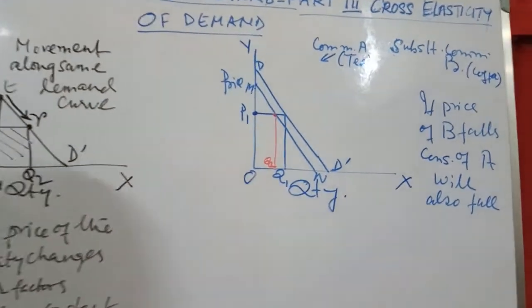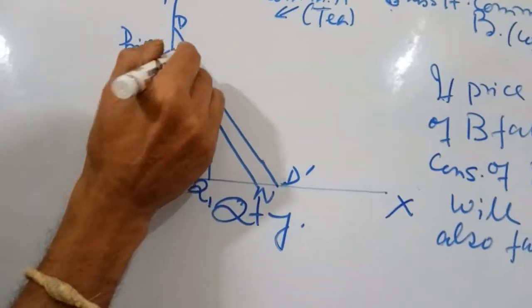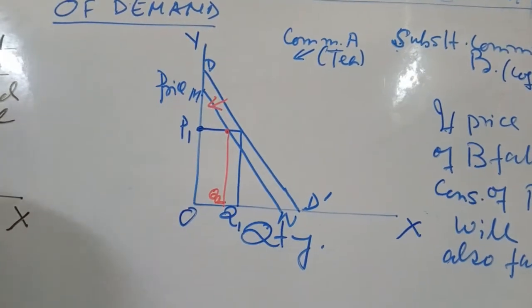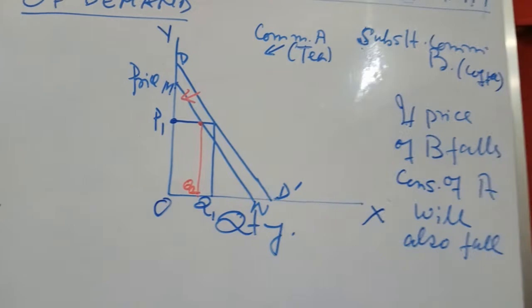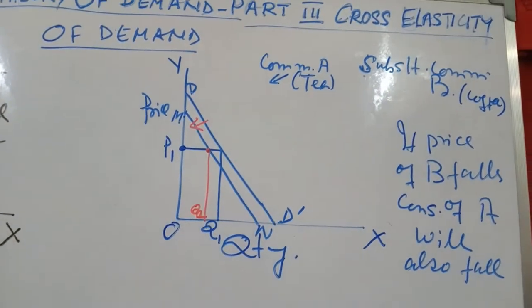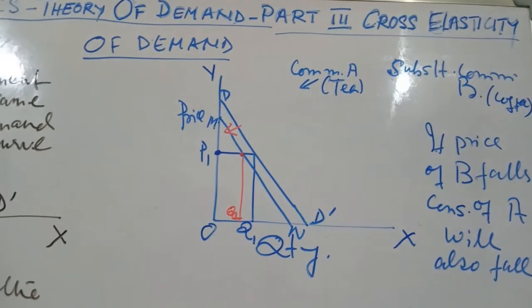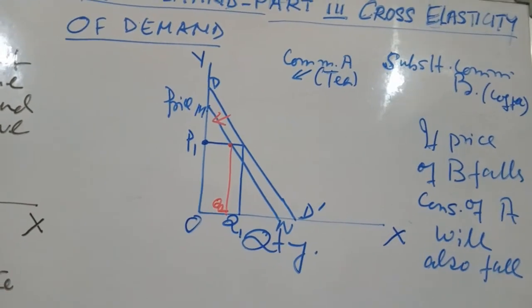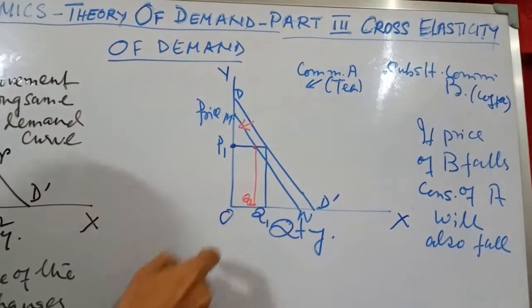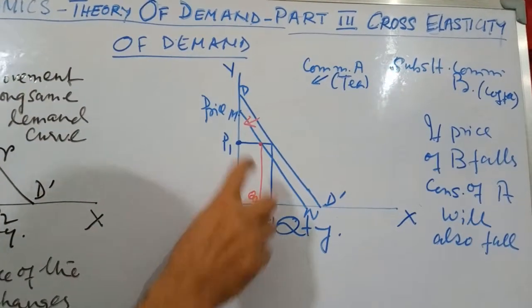So there will be a leftward shift of the demand curve, a parallel leftward shift. So in case of substitute commodities, if the price of the substitute commodity falls, then the demand curve for that commodity will shift parallelly left and the consumer will be consuming less of the commodity at the same price.